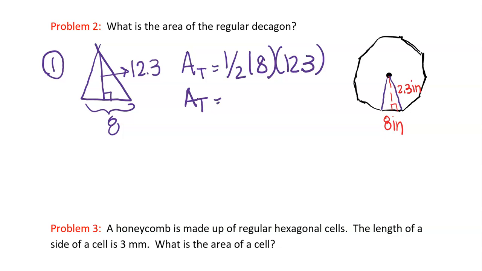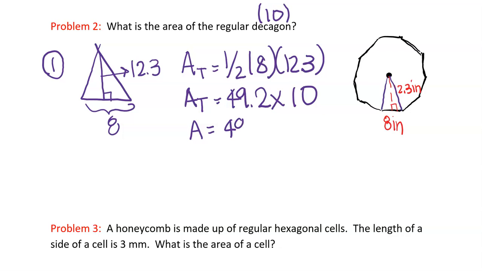So 4 times 12.3 is 49.2. And then you take it times the number of triangles, and this time a decagon has 10 sides, so we're going to multiply this by 10. So the total area of this decagon is 492, and all area questions you'll label squared, so inches squared.